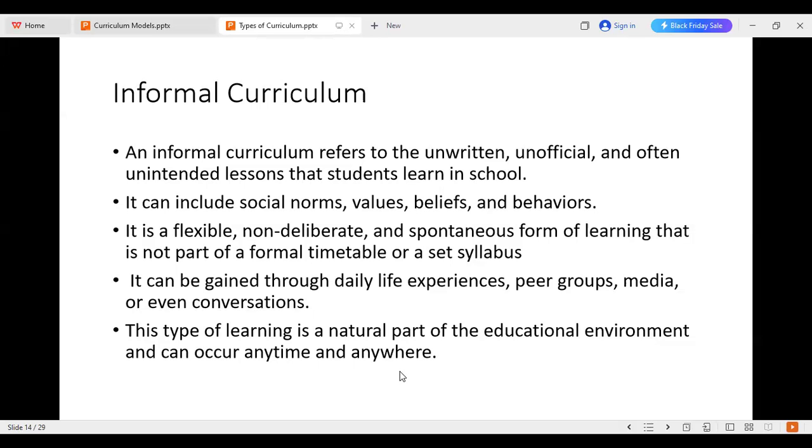An informal curriculum refers to the unwritten. By its character and nature, it is unwritten. All the components of informal curriculum are not written, unofficial.